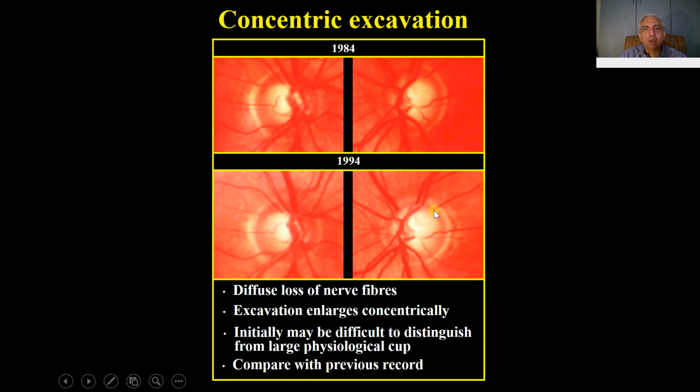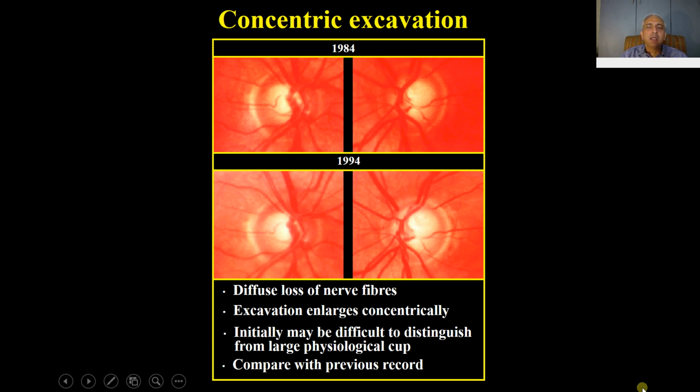So you want to see where the bending of blood vessels is happening. Here the blood vessels are bending over here, and over here they're bending slightly further away. So this is diffuse loss of nerve fibers. Excavation enlarges concentrically. So if it is this size, it is going to grow like this. Initially, it may be difficult to distinguish from a large physiological cup without comparing with the previous record.